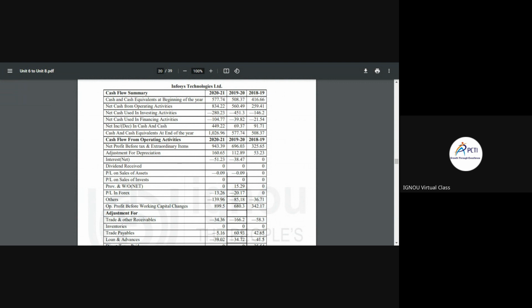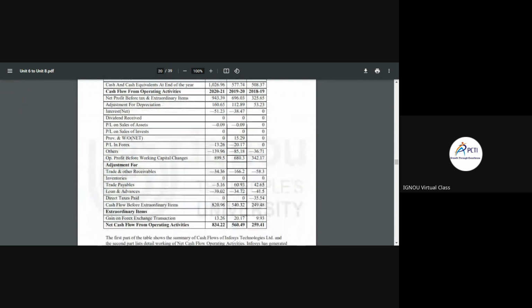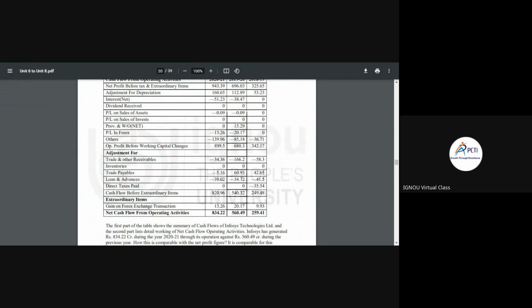Like first of all, you need to calculate from operating activity. So you will have the net profit before tax and extraordinary items, then the adjustment for depreciation, then interest, net, dividend received, P&L on sale of asset, P&L on sale of investment, then provisions, P&L and Forex, others, then you have operating profit before working capital changes, then adjustments for trade and other receivable, inventories, trade payables, loan and advances, direct taxes which we need to pay, cash flow before extraordinary items.